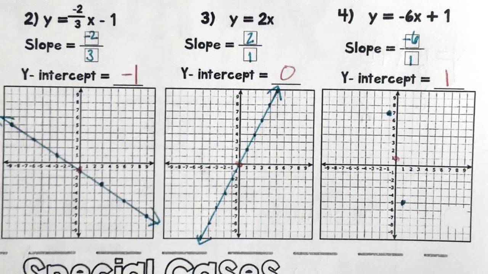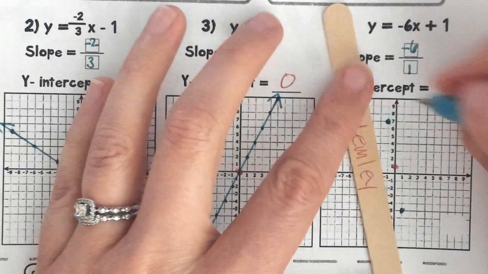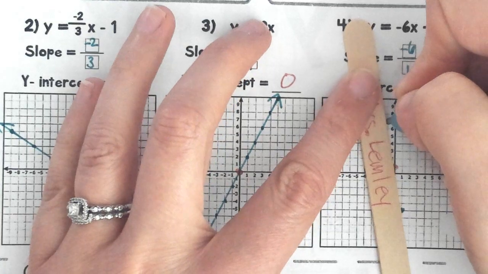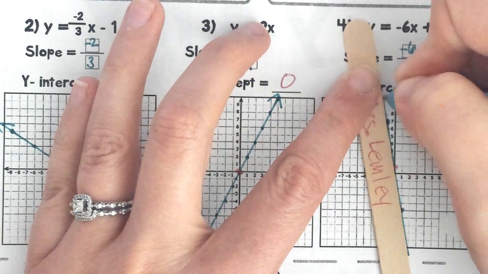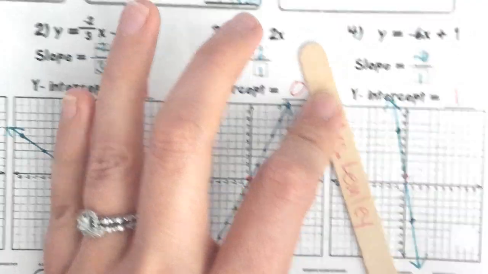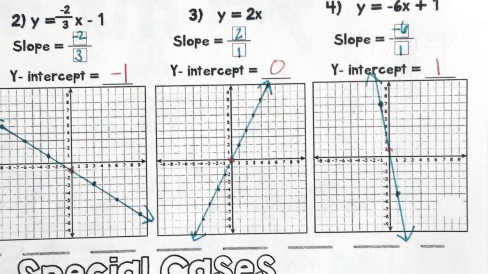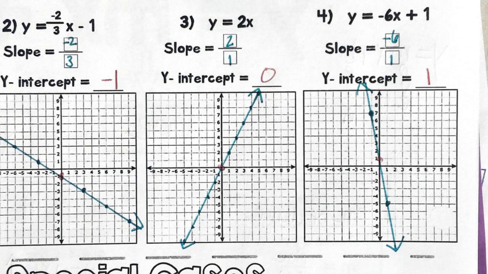So if you feel like you don't have enough points, you probably are correct. You only can do 3 points and then it's going off the graph. Got about 10 seconds and I'm going to have to show it to you.